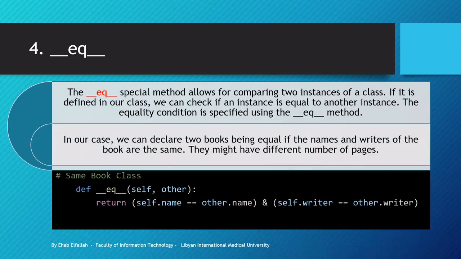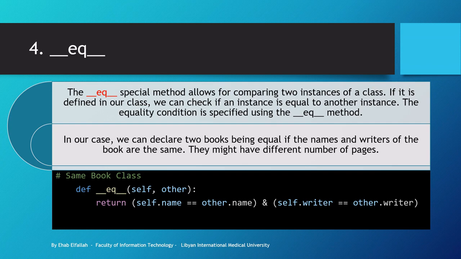The fourth special method is the equivalent. This special method allows us to compare two instances of the class. There is no definition of comparing two objects from the same class unless we make the equivalent special method, because we can compare one object with another through this special method.